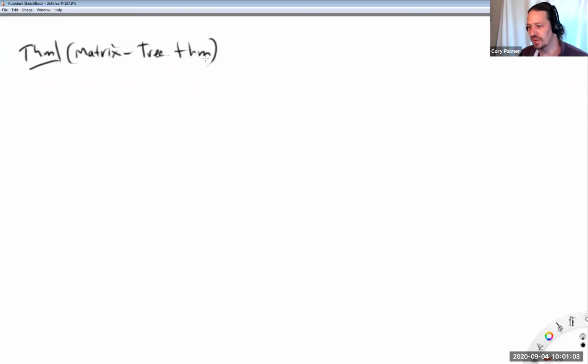The matrix tree theorem gives us a way to figure out the number of spanning trees of any connected graph, at least.